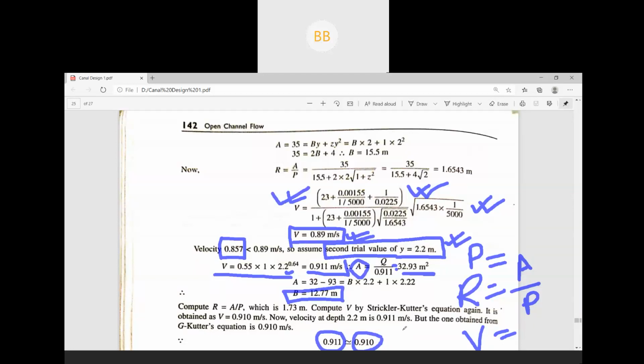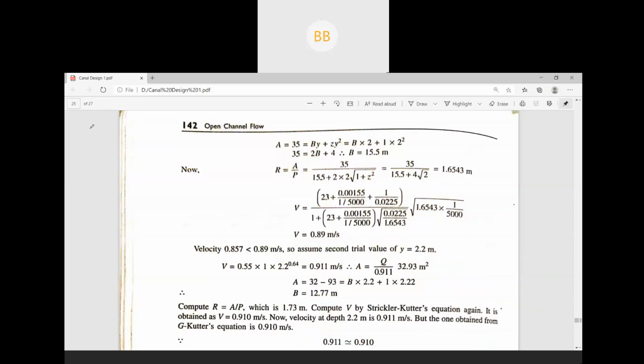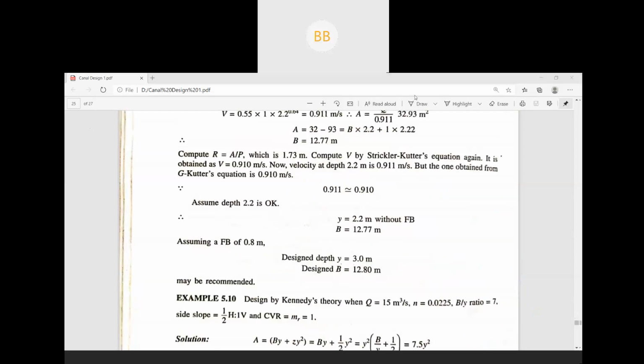So you can say this is approximately the same. Once these two velocities are the same, then we can say that our assumed depth 2.2 is okay. So now our depth of the channel is 2.2 meter, and the width of the channel is 12.77 meter.